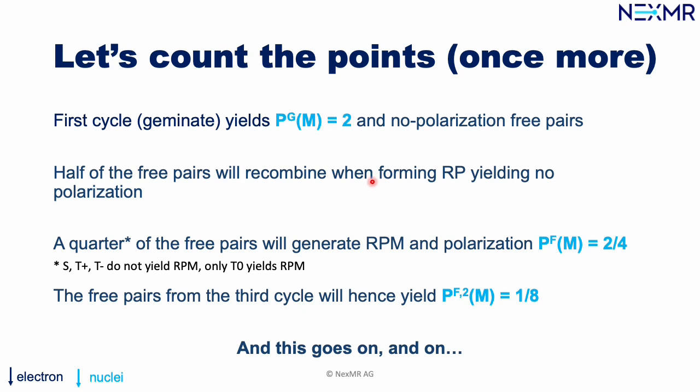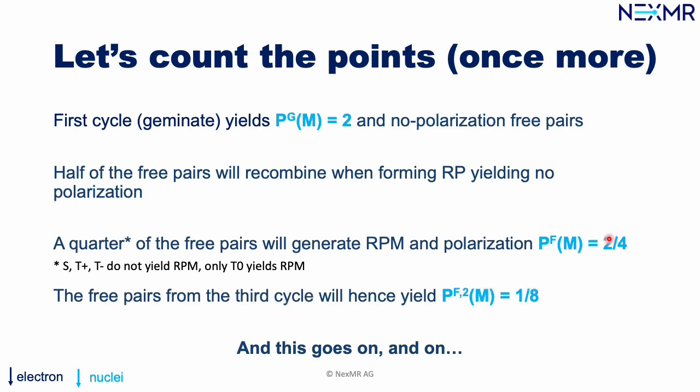So now we count the points again, and what we see is that we have the geminate hyperpolarization, and after that we now do again 1/4 of this geminate polarization, so 2 divided by 4, because only 1/4 of the radical pairs that are formed from free pairs are able to yield hyperpolarization, but to the same extent, so 2 divided by 4, and in the third cycle we will have again 1/8.